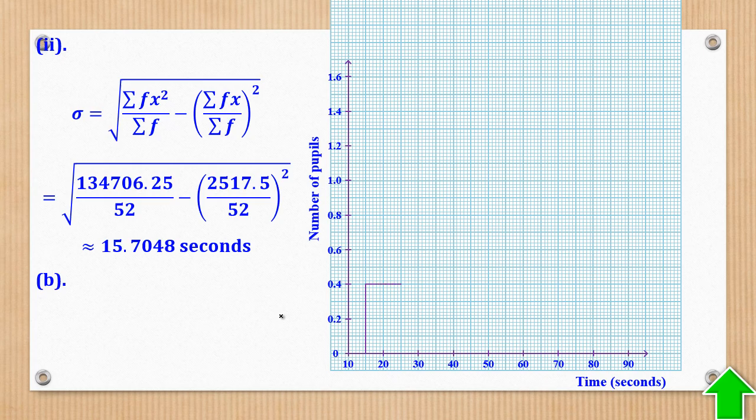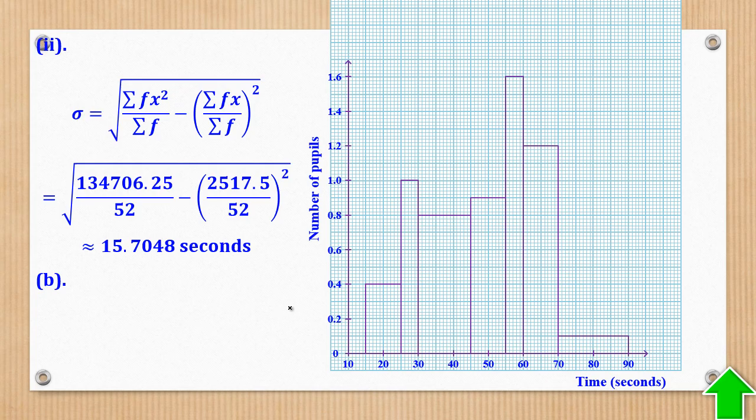So first frequency density is that, next, next, next. So we are plotting frequency density against class boundaries. And lastly that.